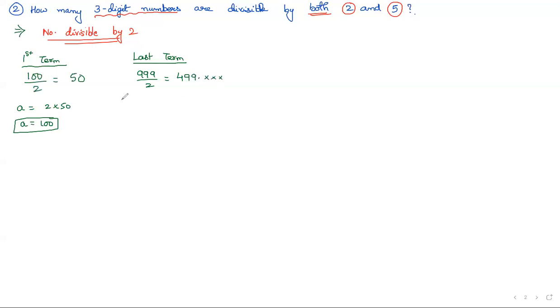So to find the last number, you have to take the preceding integer, because this is 499 point something, into the multiple itself. So when you do 499 into 2, you get 998.